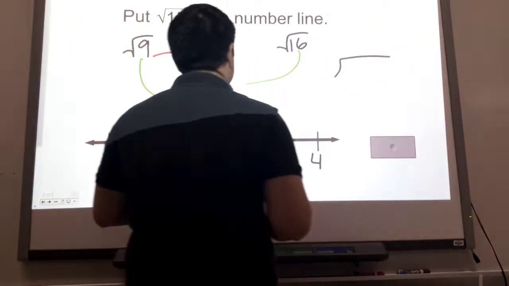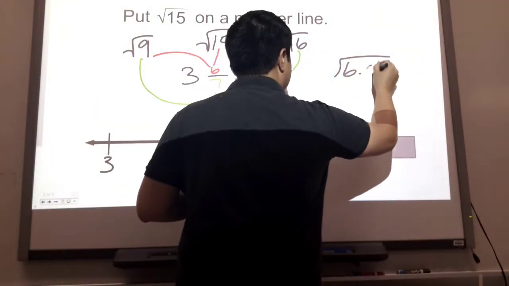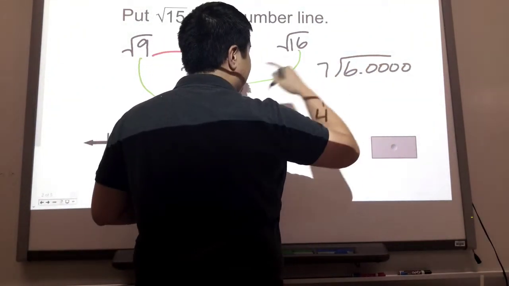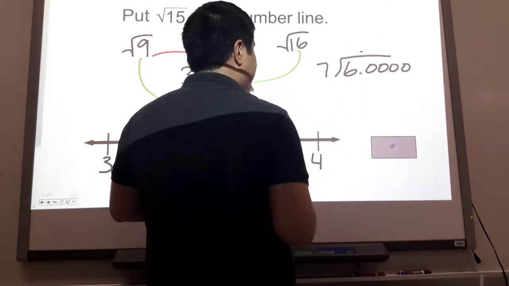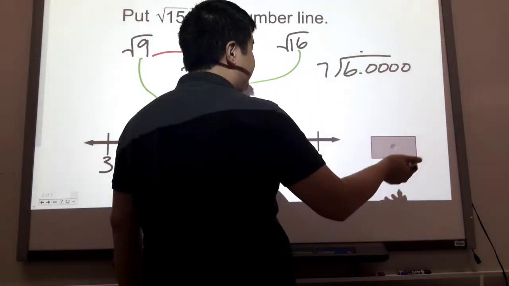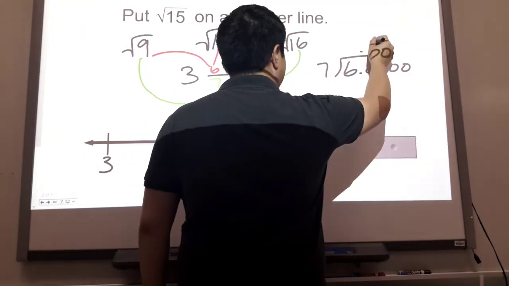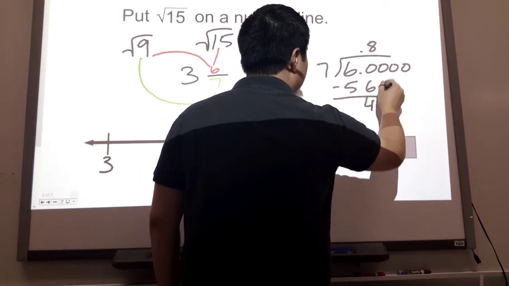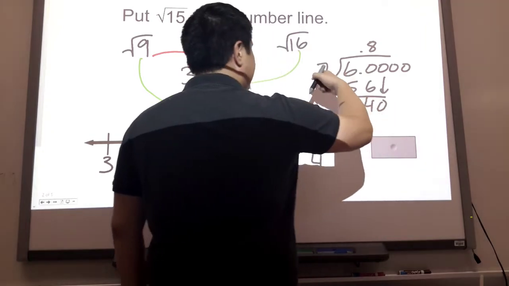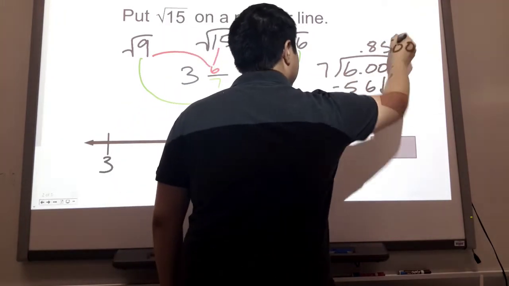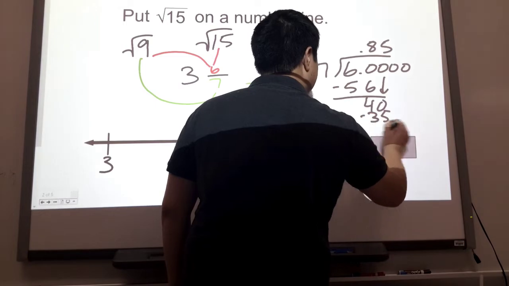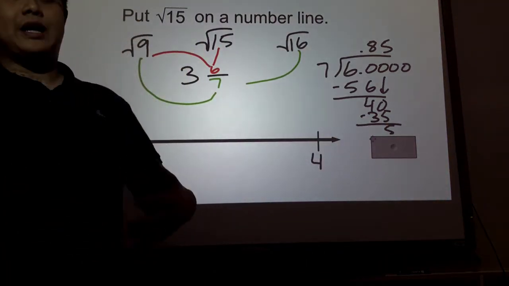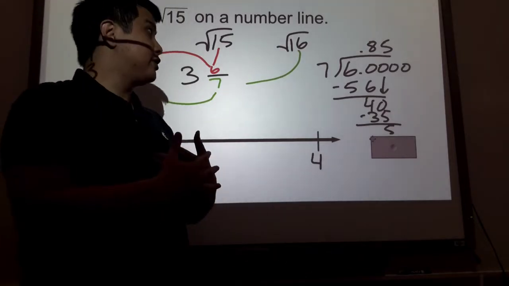So, I'm going to put 6 in here, 0.0000, and 7. We probably don't need that many zeros, but put the decimal up. 7 times 8 equals 56, so it goes in 8 times, drop down the 0. 7 goes into 40 5 times, 35, subtract, 5. We can stop there because we're only trying to get to the accuracy of the 10th place.